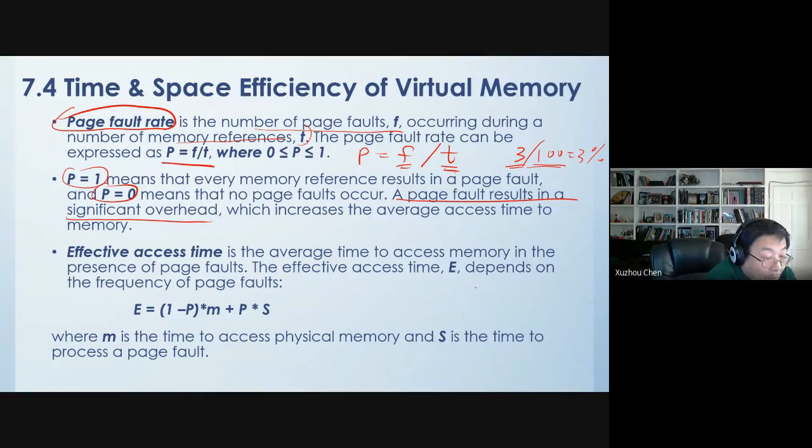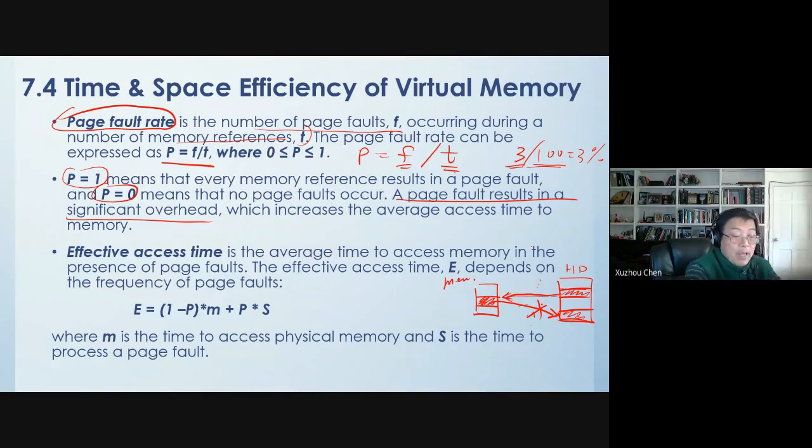So this is the memory and this is the backing store. If the page needs to be replaced, you first copy the contents of the page to the backing store, and then you load the next page to the frame. So you need two communications between memory and the hard disk. That's a lot of work. But if the page is not updated, then you just discard it. You can skip that part, but you still need to load it. So the page fault is very costly.